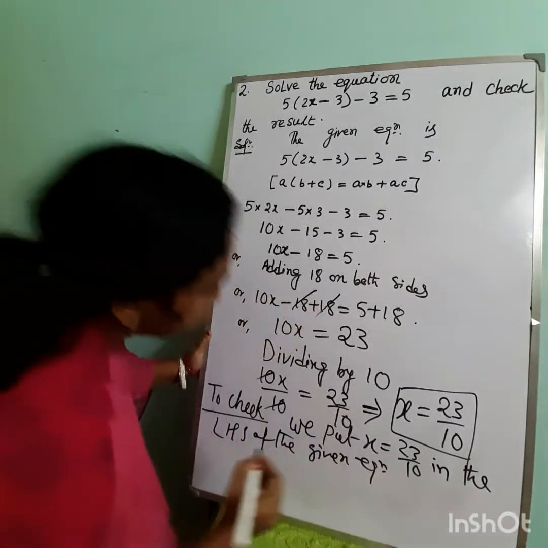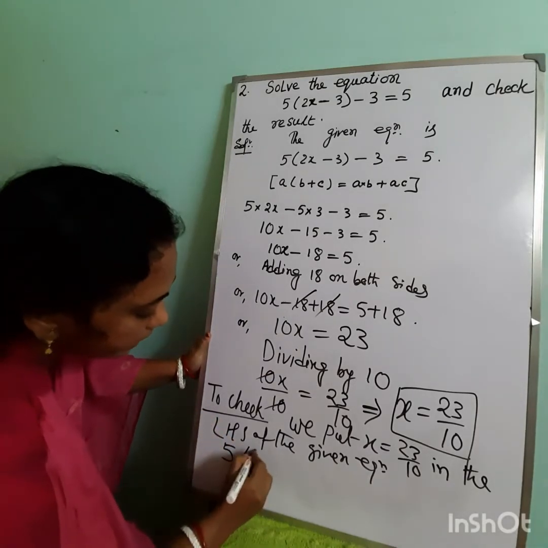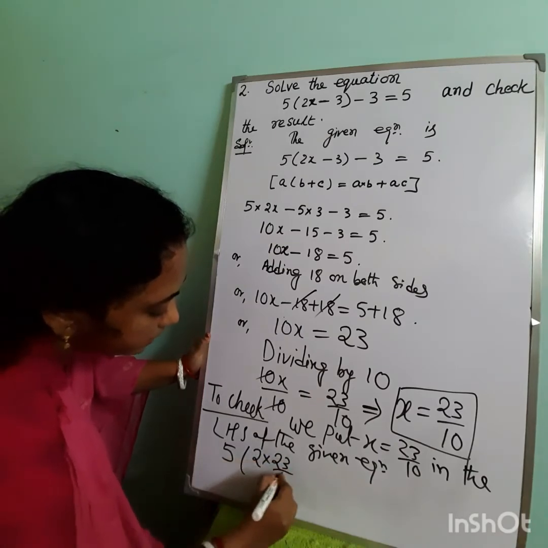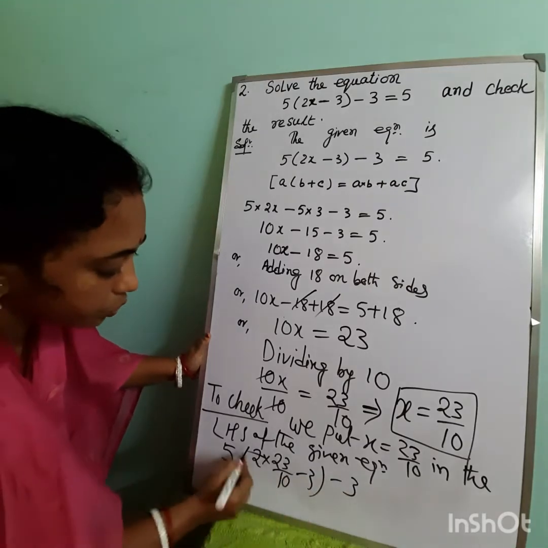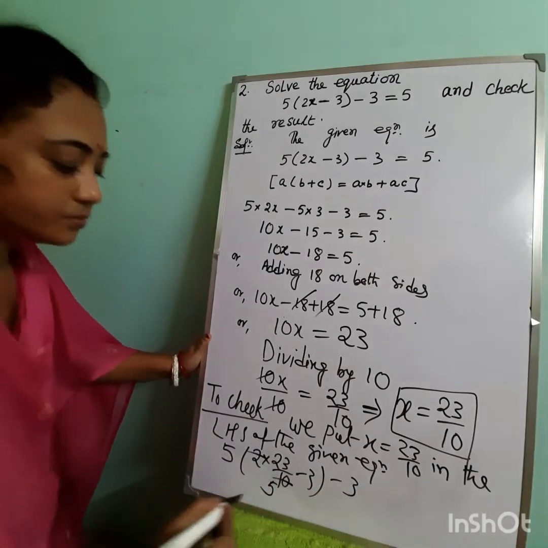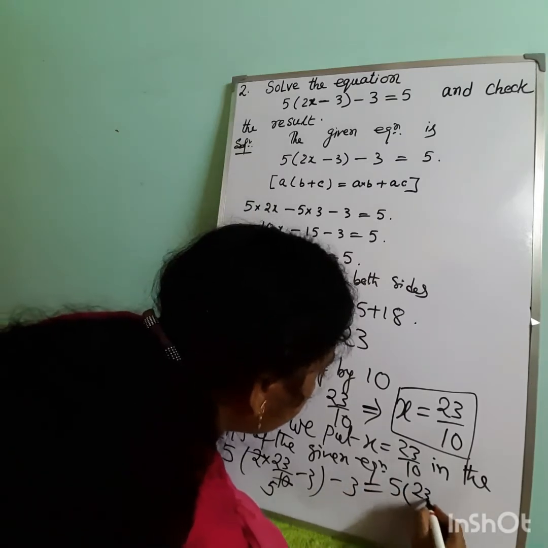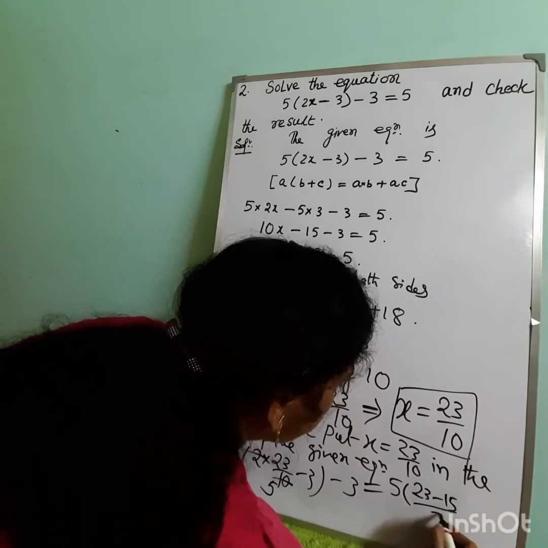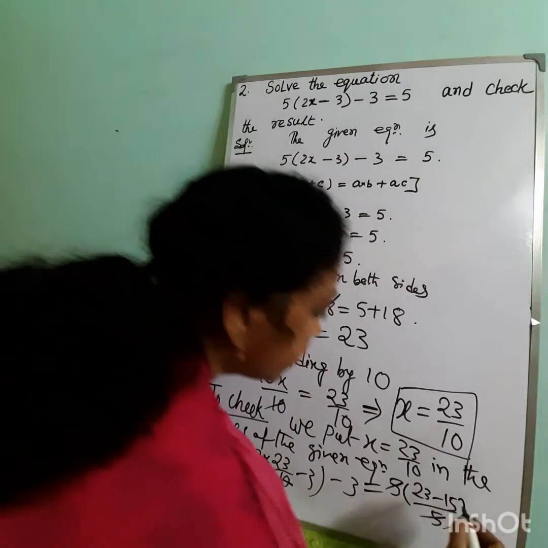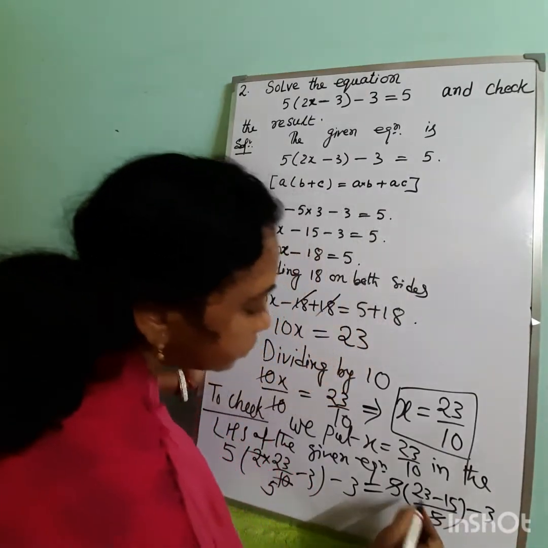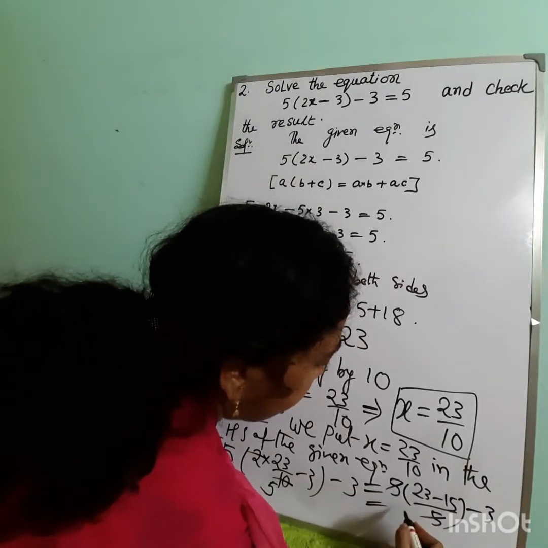So we have here 5 multiplied with, in brackets, 2 multiplied by 23 by 10, then minus 3. So here 2 will cancel out by 10. So this becomes 5, after that 23 minus 15 by 5 will come. This 5 will cancel out, and one more 3 is already there. So 23 minus 15 we will get here 8.